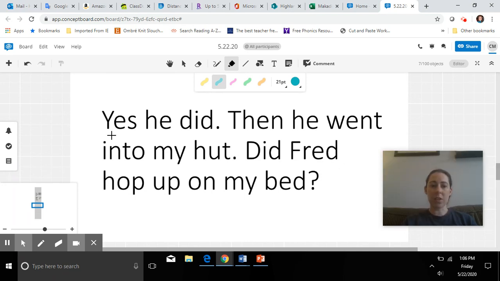Take a second to look through these sentences. Here's a trick word that we have practiced. Into. Here's another one. My. We can tap this out.